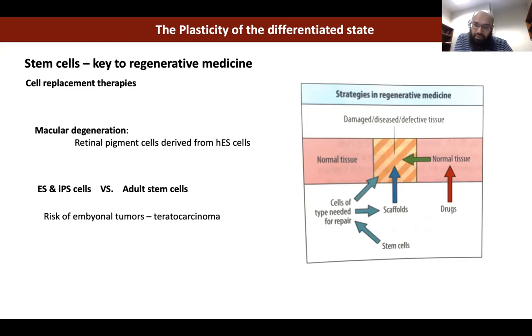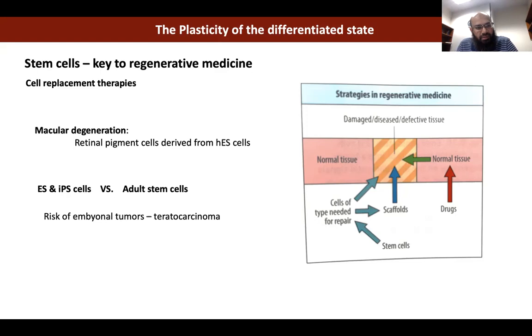If in later life the child, when grown up, has some disease and needs this kind of treatment, for example induced pluripotent stem cells, they can use his or her own stem cells and induce differentiation of a particular type. But if you take cells from somebody else, you will always have this problem of rejection by the immune system.